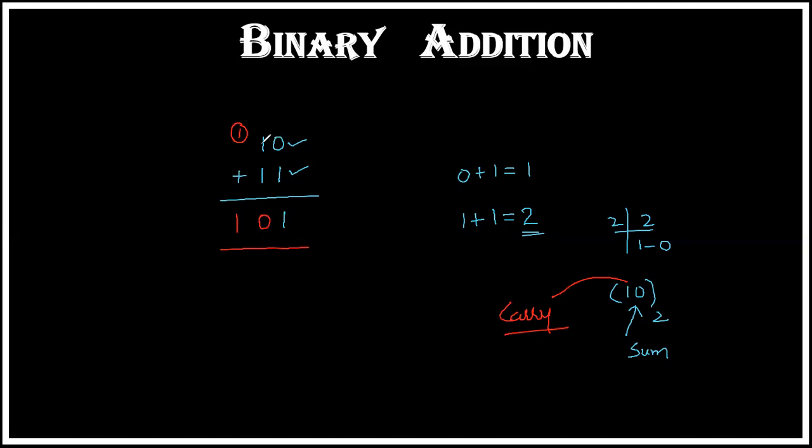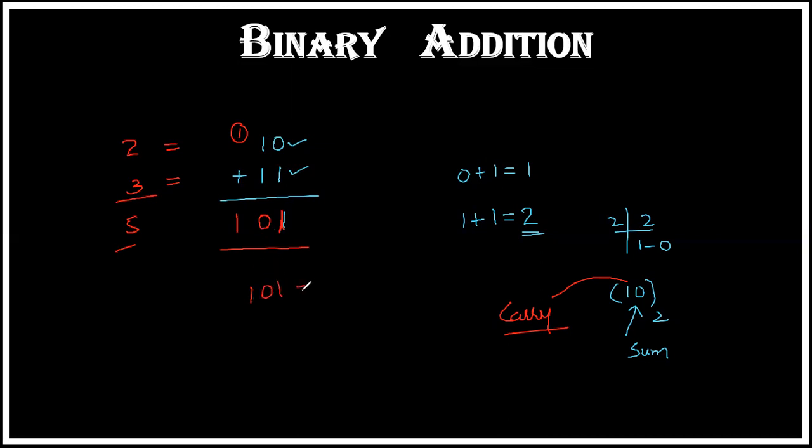Now we will check whether the process which we have used is correct or not. This is the binary of 2 and this is the binary of 3. If we add them in decimal, we will have 5. And you can see here, as we have performed in binary, the resultant is 101.